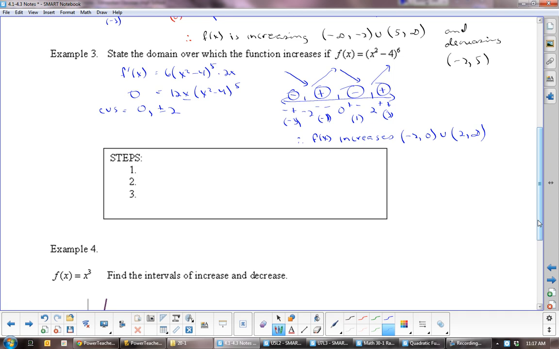The first step is find f prime of x and set to equal 0 to find CVs. Then place CVs on a number line. 3 is state the interval solution.